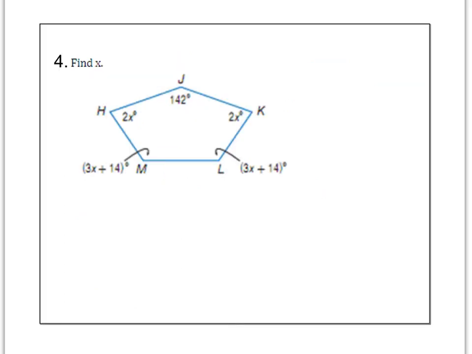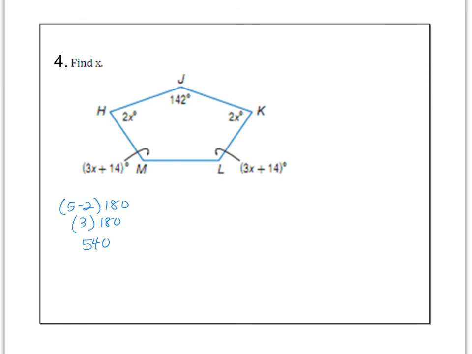All right, last question, question number 4. How many sides does this have? If you're saying 5 sides, you're going to do 5 minus 2 times 180, which is 3 times 180, which is 540.